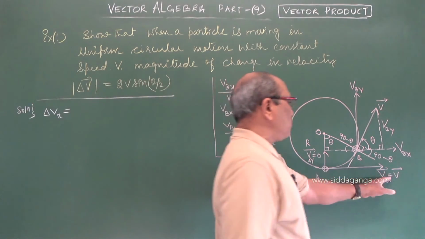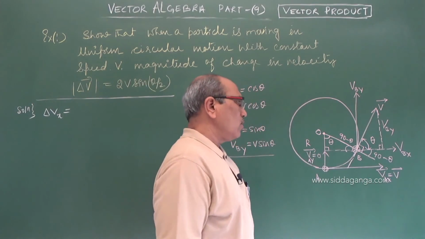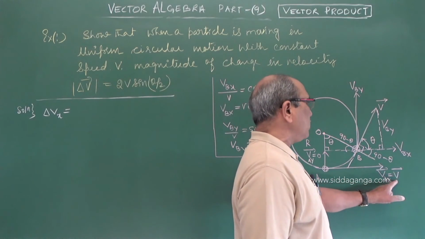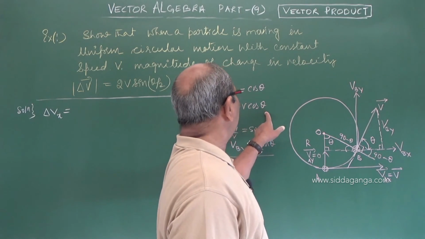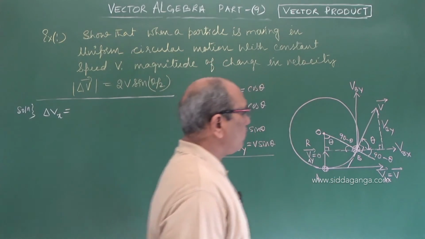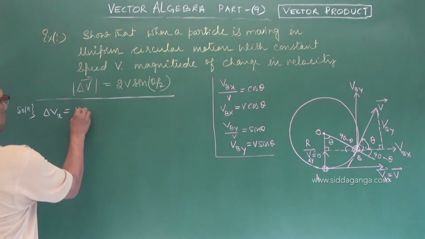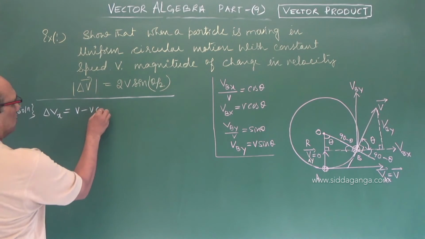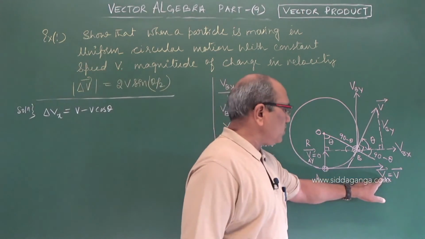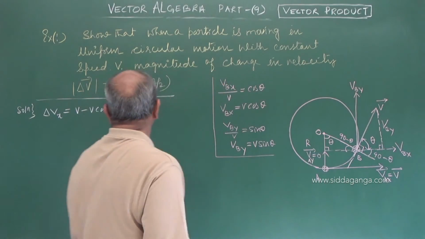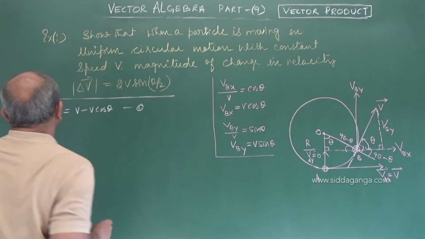Here the velocity is V, and here Vbx is V cos theta. So V minus V cos theta, let it be 1.